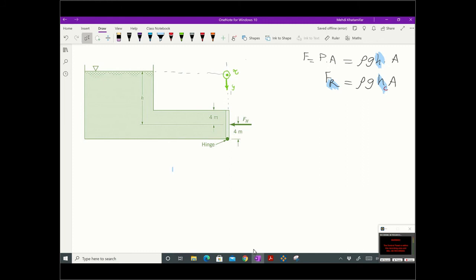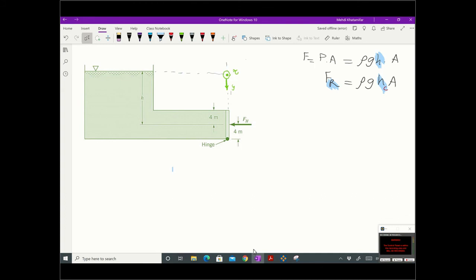Okay, so we said the force is going to be rho g h c, 9.81 times 1000 times 24 times h. We got the magnitude. For y-r is yc plus Ix divided by yc times area, and yc is h. It is going to be h plus 5.33 divided by h.